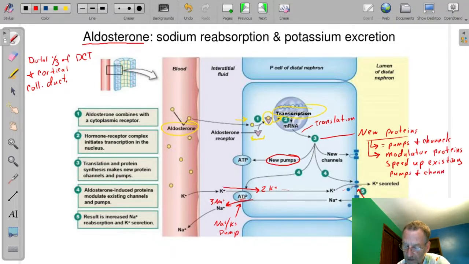And the end result is that we reabsorb more sodium than we were before. The thing to note, though, is that we're also excreting potassium.